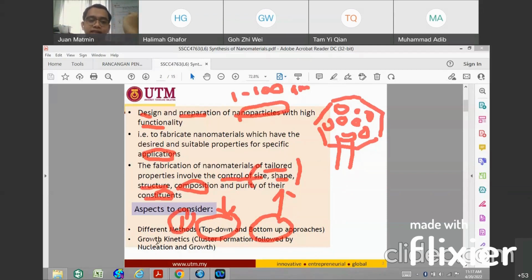Another thing you have to consider when looking at the nanomaterial is the growth kinetics, the pathway on how we are going to form not only the particles, but in the end avoid any agglomeration or impurities. That's why we are going to monitor how the clusters, the small things, will follow a certain growth profile.